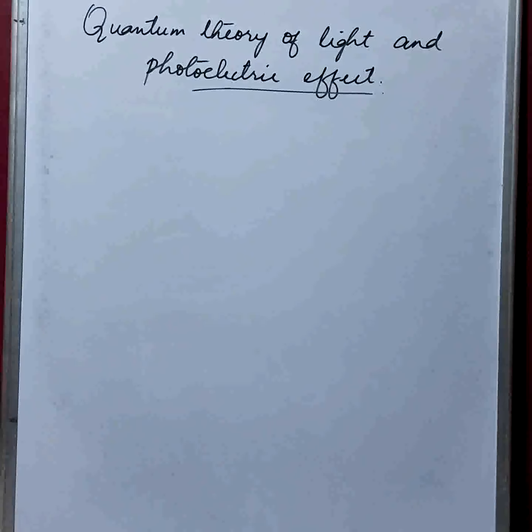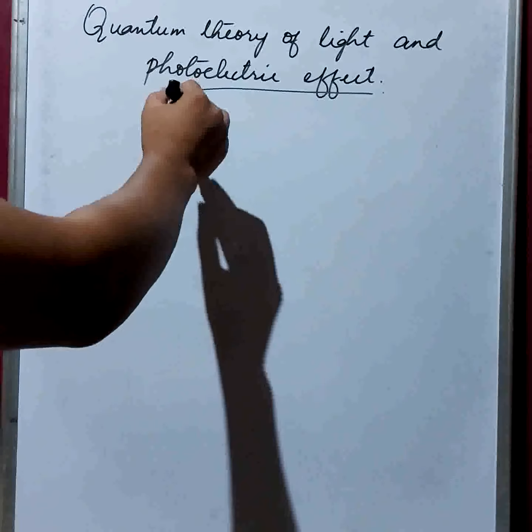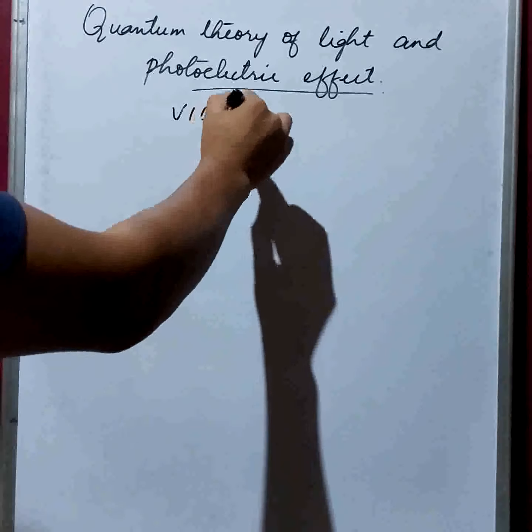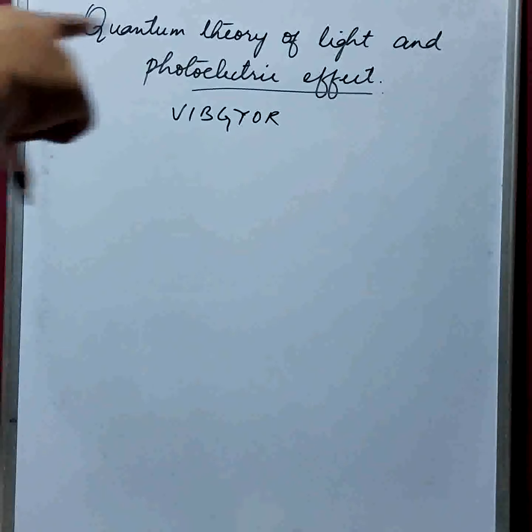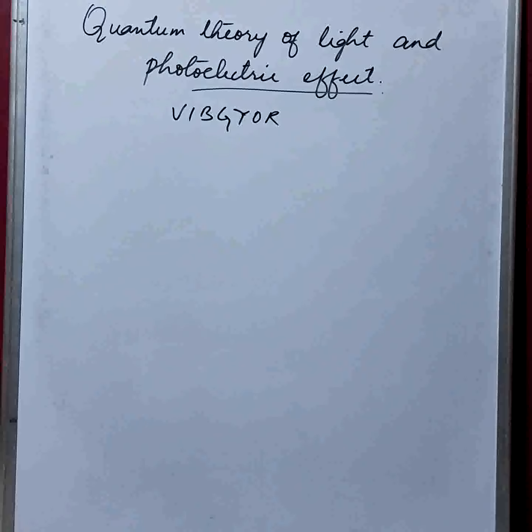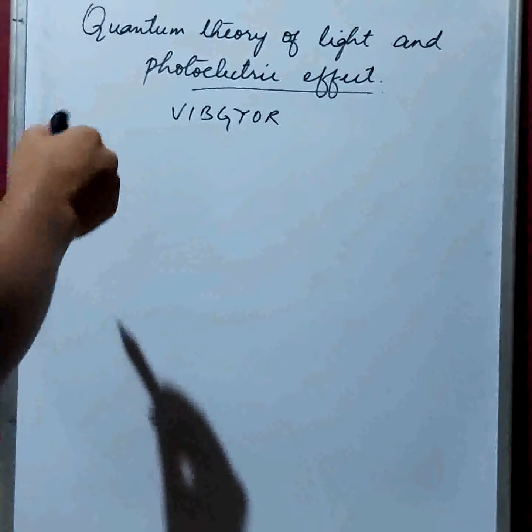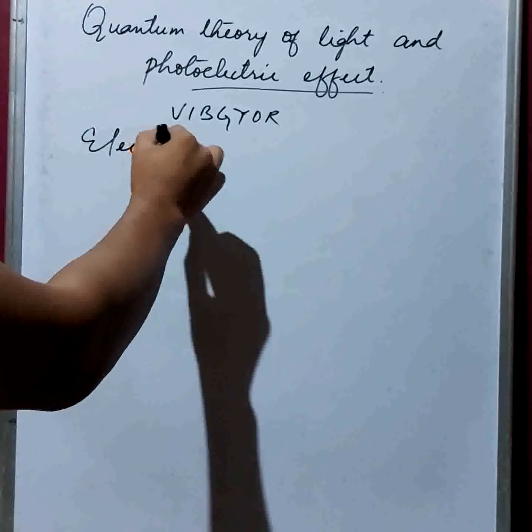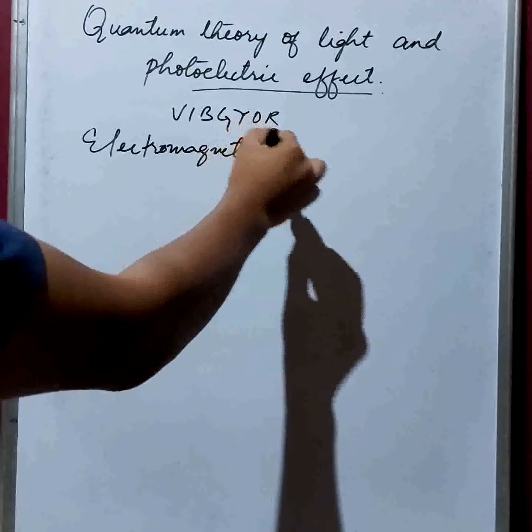Now we know that visible light can be split into seven different colors, and each color is associated with a different frequency or wavelength. Likewise, different types of electromagnetic radiation are put together in what we call the electromagnetic spectrum.